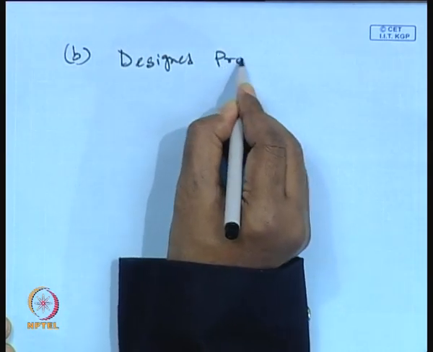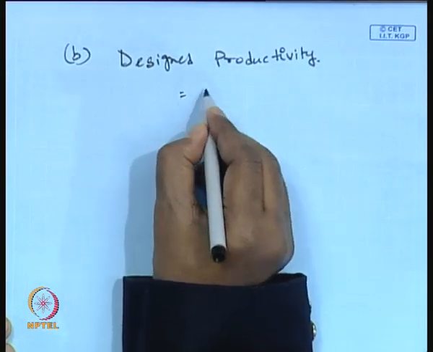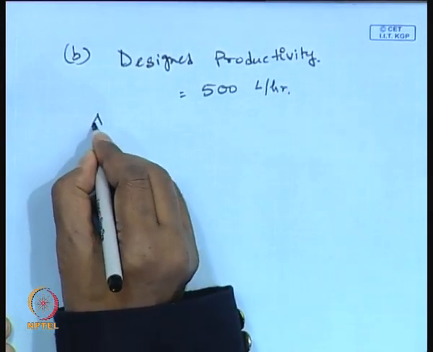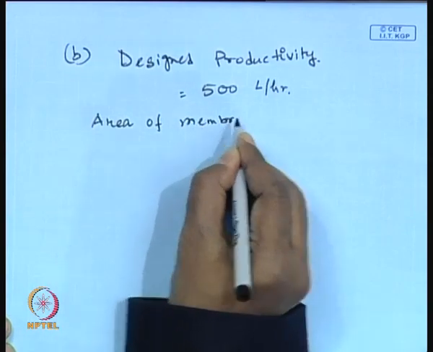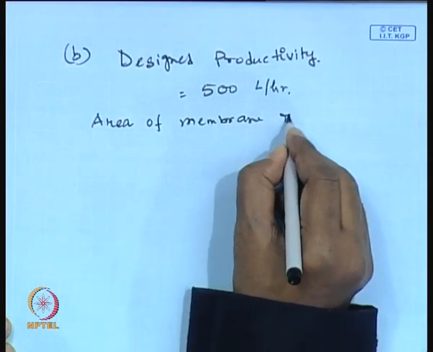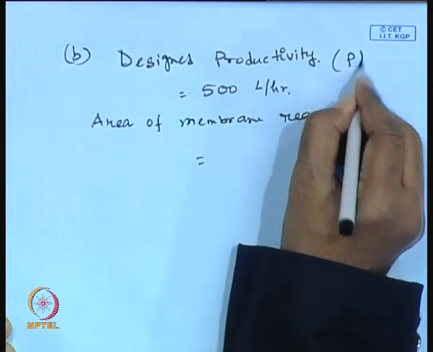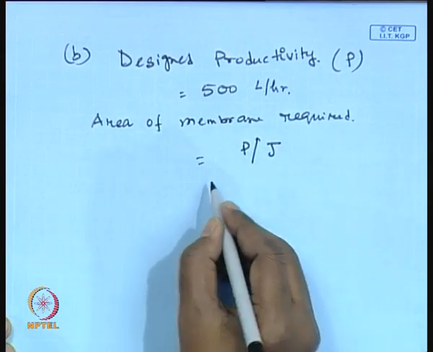Okay. Now, in the second part of the problem, the designed productivity is 500 liter per hour. So, the area of membrane that you are going to require is this productivity P divided by the permeate flux, right, that will give you the area.